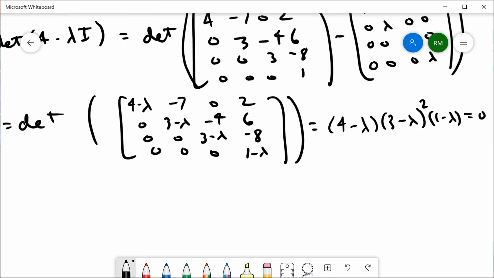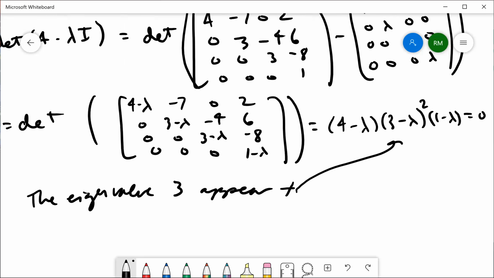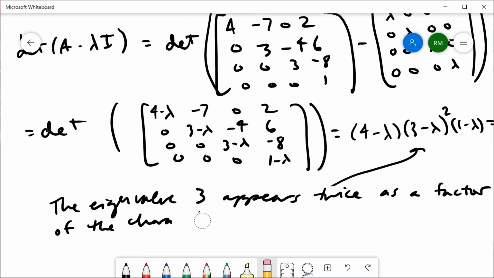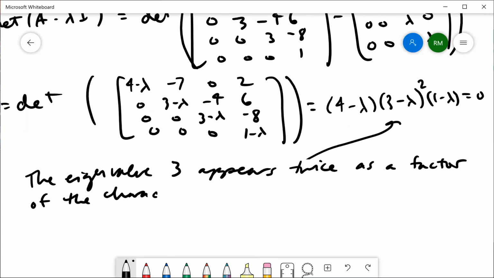So observe that the eigenvalue 3 appears twice as a factor of the characteristic polynomial. Okay.